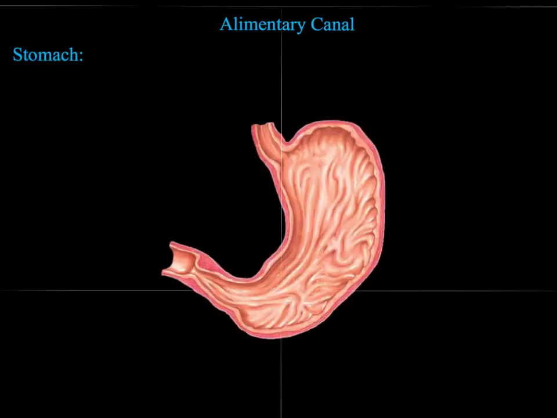The stomach is a J-shaped pouch where physical and chemical digestion will continue. There are different parts of the stomach. The first part is this region here called the cardiac region. Then you have the fundic region.